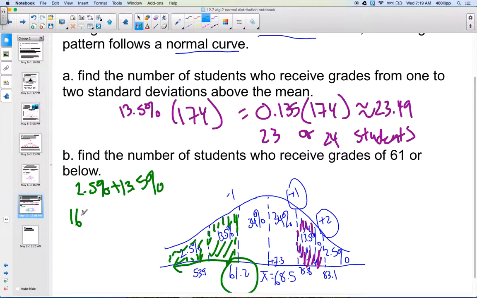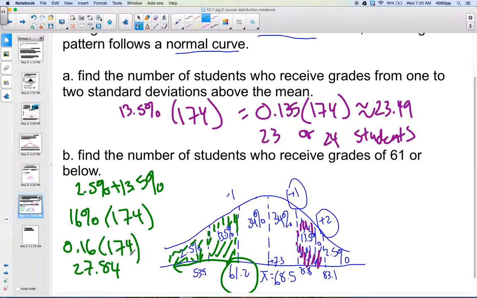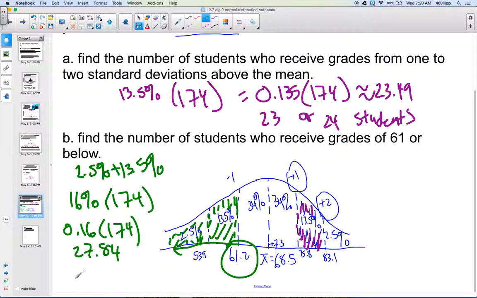That's 16% of students scoring 61 or below, times our 174 students. So 0.16 times 174 gives about 27.84, which means about 28 students scored 61 or below on the test.